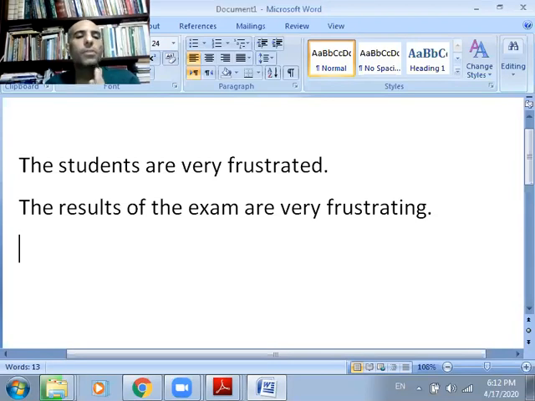When I say the students are very frustrated, it means that they're affected by frustration. Okay, now I'm describing their status of mind or their feelings. When I say the results of the exam are very frustrating, it means that the results caused the recipients of the results to feel frustrated.